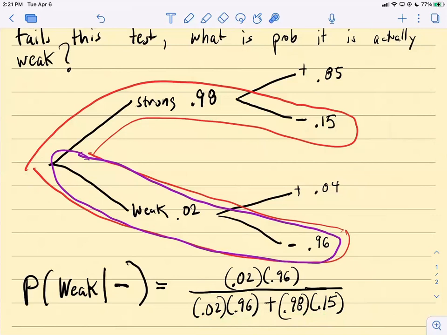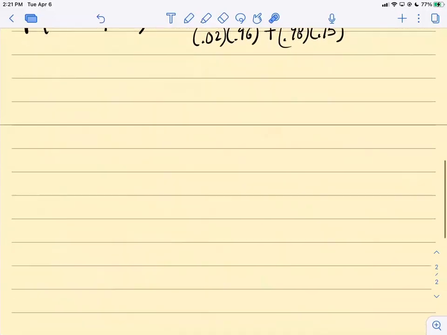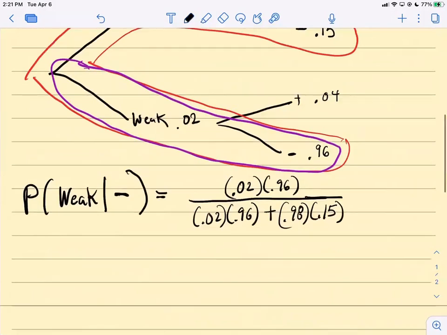Okay, let's try the next question, number 9. So, hang on, I didn't finish this. Does anyone see what the answer is for number 8? The answer is C, which is 0.12.